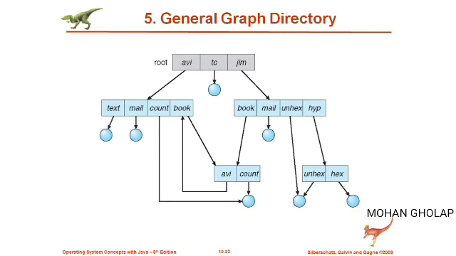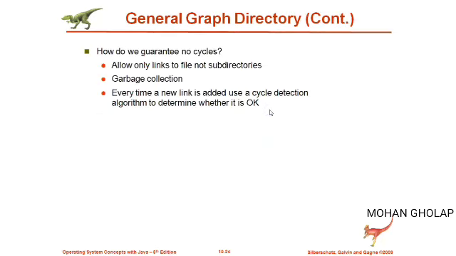After this, the last one is the general graph directory. General graph directory means here we can have a cycle also. This is similar to the previous one, but it allows the cycle also, meaning starting from a particular directory you can move to the next directory also.